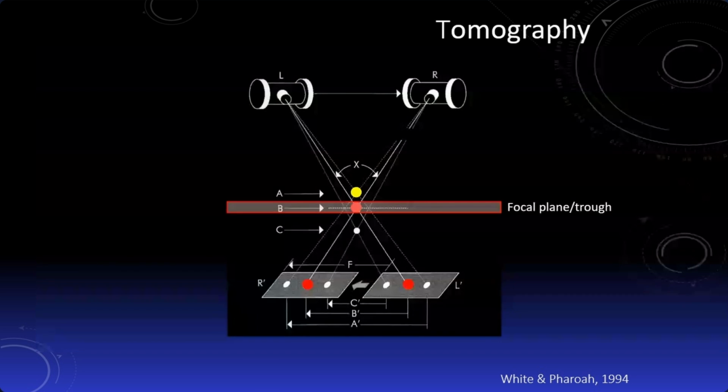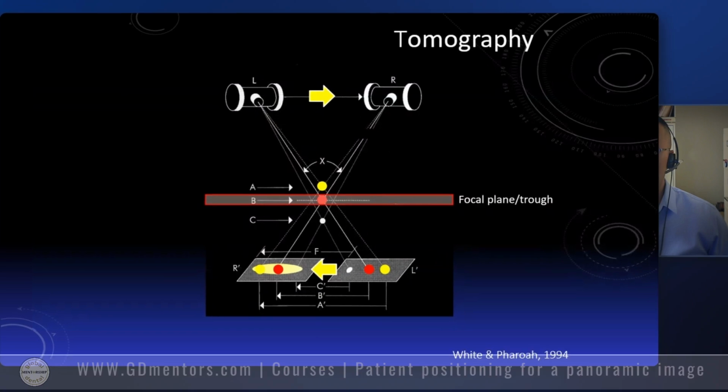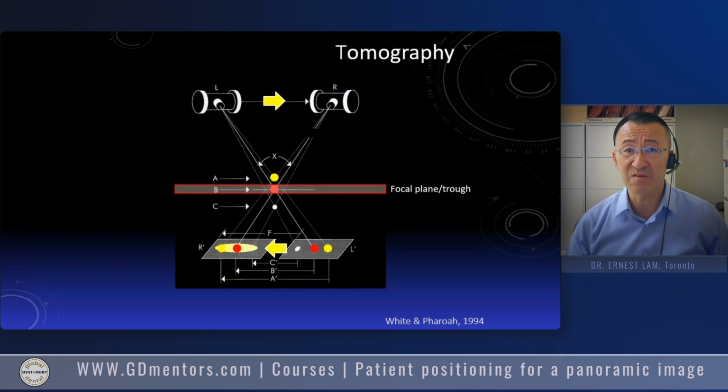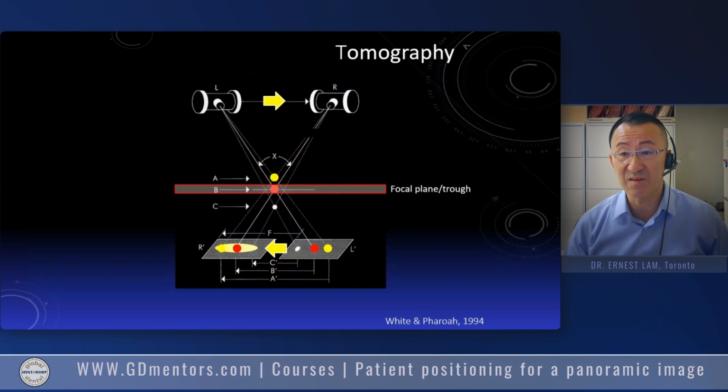Any object located outside of the focal trough, so if an object is positioned at point A, that object will appear on the receptor in this position, but as the receptor and X-ray beam begin to move, that image will be smeared across the screen of the receptor, creating a very ill-defined and perhaps magnified image.